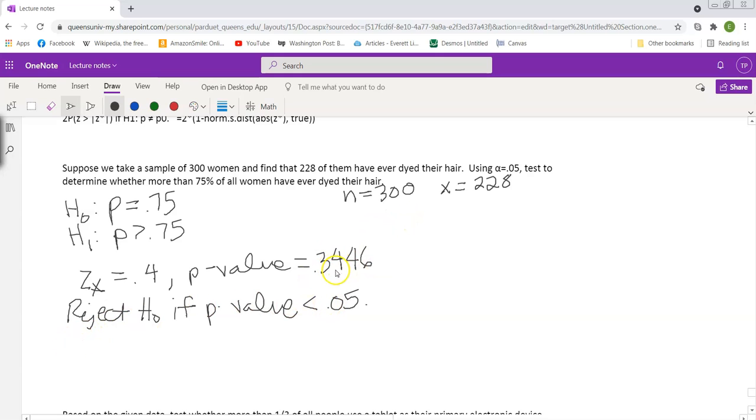So our p-value is not less than 0.05. Therefore, we are going to fail to reject H naught.